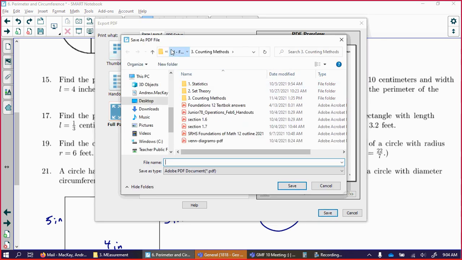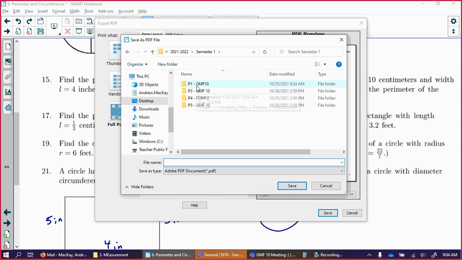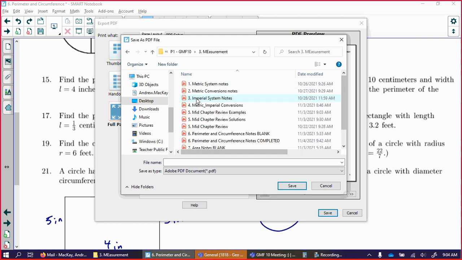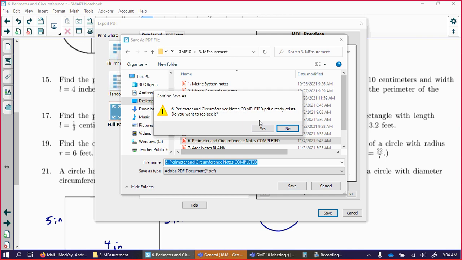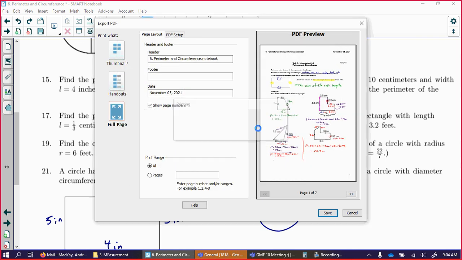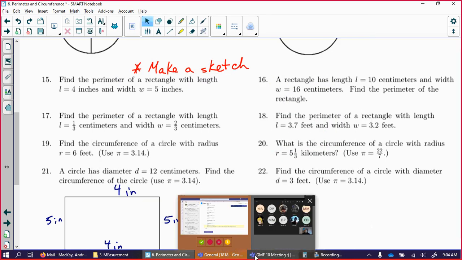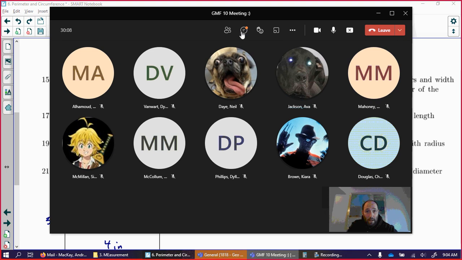But everything will be here. If you're missing stuff or whatnot, when we get back to school, hopefully sooner rather than later, we will go over some of this stuff again.